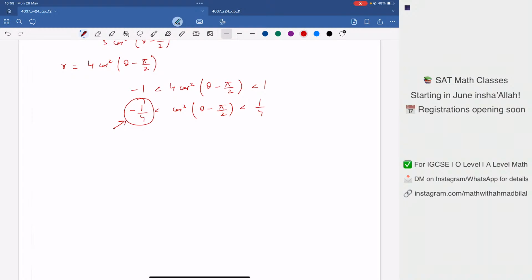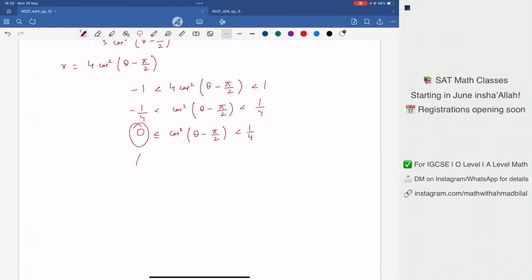On the lower side, there's no condition as such because cos square cannot be negative. Or another way to think about this is that cos square is just between 0 and 1 over 4 because it can't be negative. A square cannot be negative, so we cannot even go on the negative side. The least possible value that cos square could have would be 0. It can't go below that. Okay.